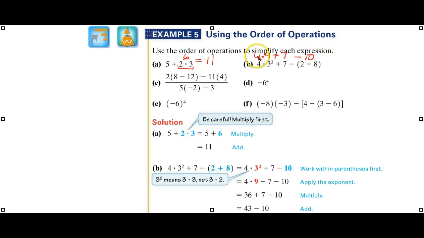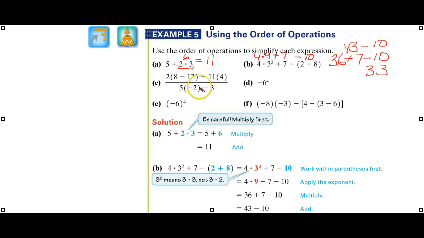So we're going to do the multiplication. 4 times 9 is 36 plus 7 minus 10. So now we're going to add 7, get 43, minus 10 is 33 for this one here. So this was 43 minus 10. Now in your homework logs, you want to write these out carefully. I'm not modeling them very well, but we're using this space to show you the process.